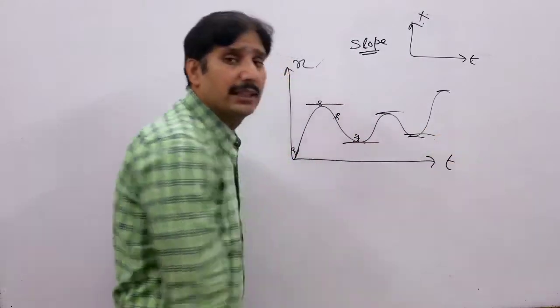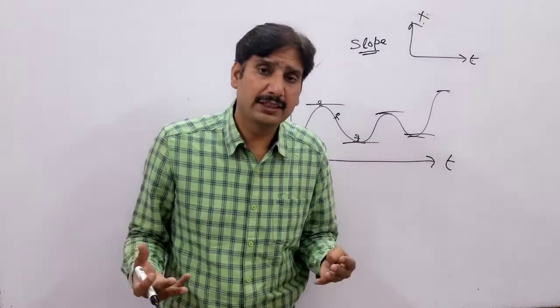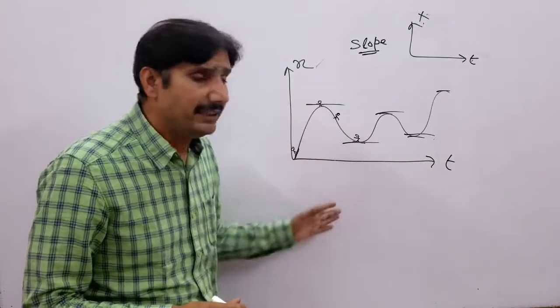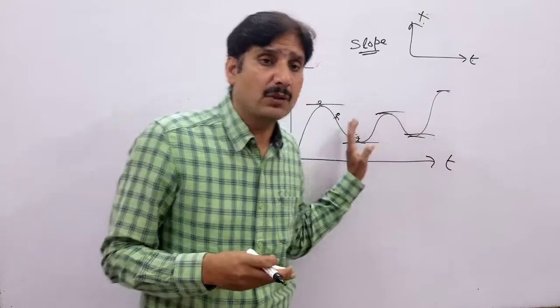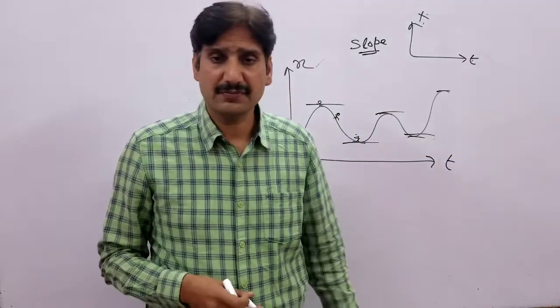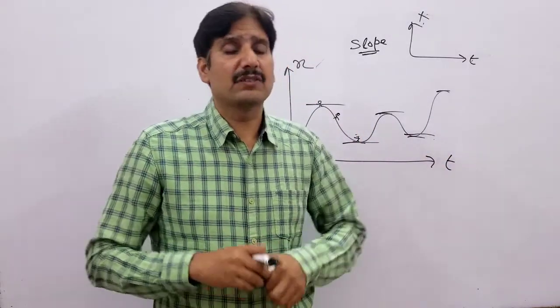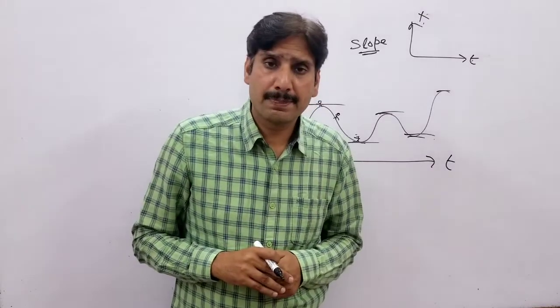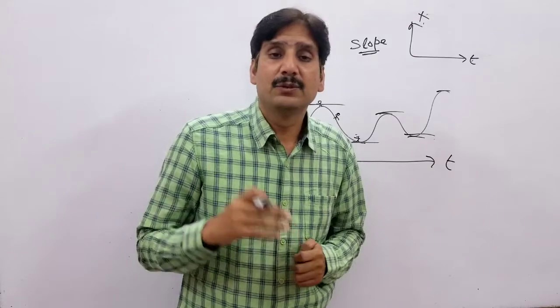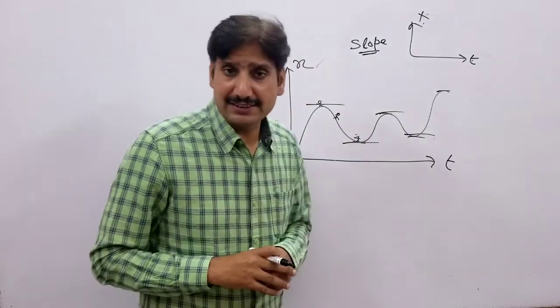Is there any mathematical way of finding out where a parameter attains its maximum or minimum without looking at the curve? These are things of extreme importance in physics, and we regularly use them. In today's lecture, we'll try to learn about these things.